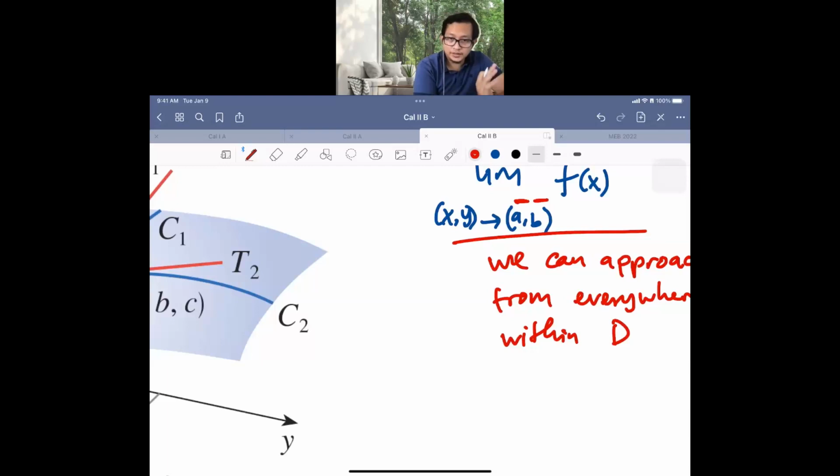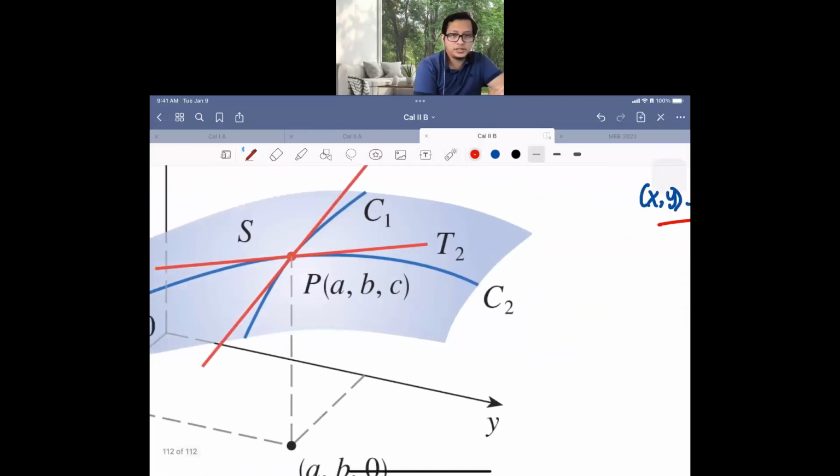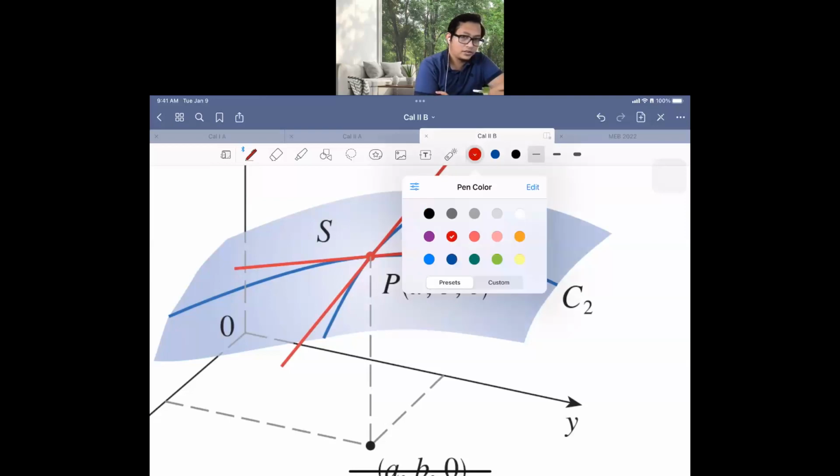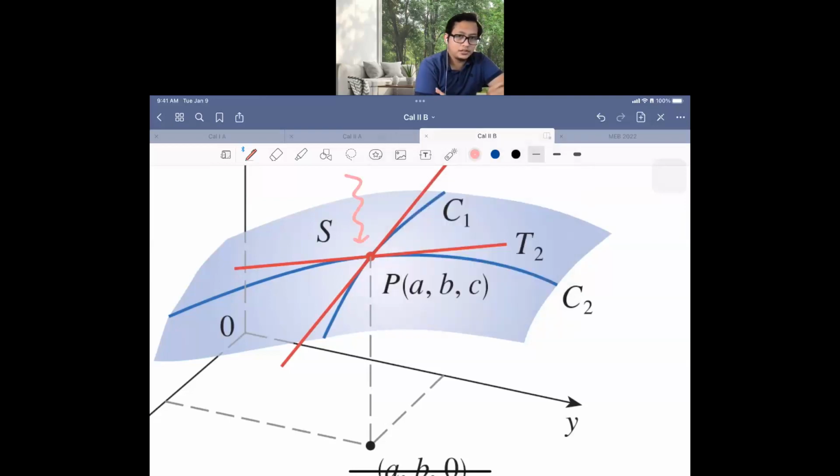And as an implication of those equations and partial derivative and from limit also, if we are going to approach this point P, we can approach from anywhere, right? We can approach from, for example, here, and we can approach from this part, and we can also approach from this part, right?